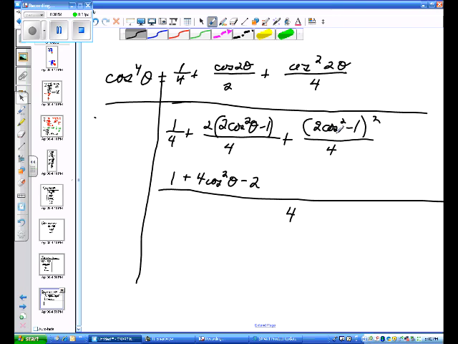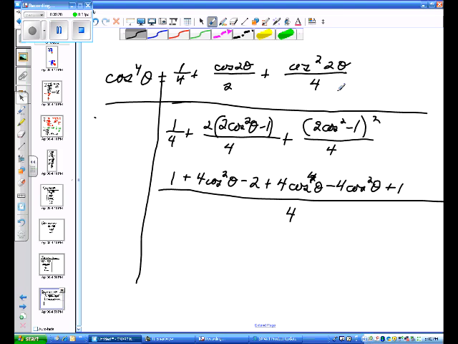Now here, if I wrote this down twice and had 2 cosine squared minus 1 times 2 cosine squared minus 1, and use my distributive property, what I would get would be 4 cosine to the 4th theta minus 4 cosine squared theta plus 1.